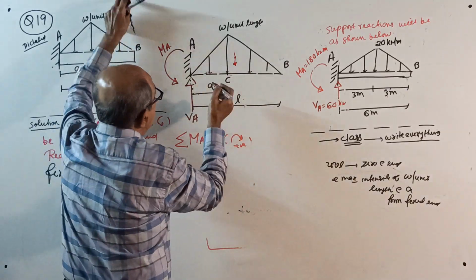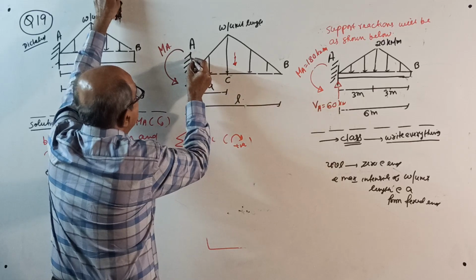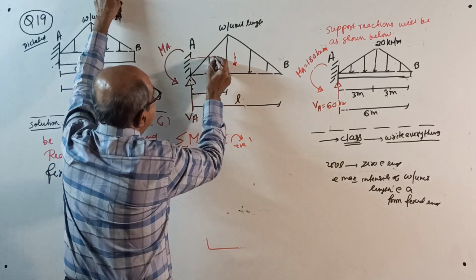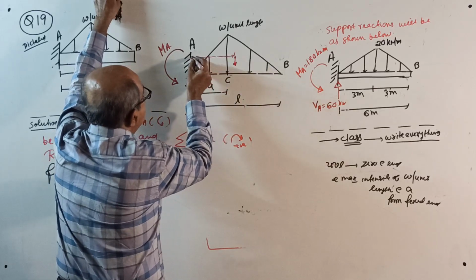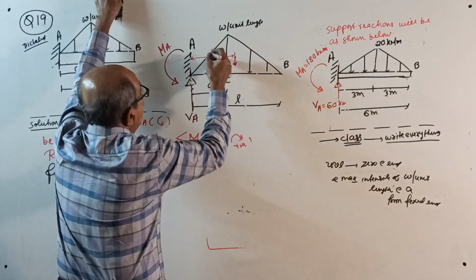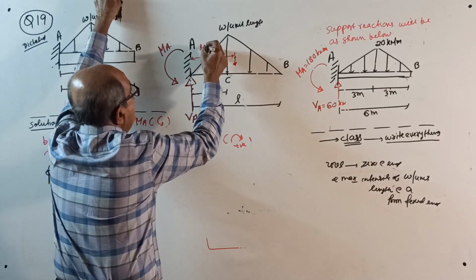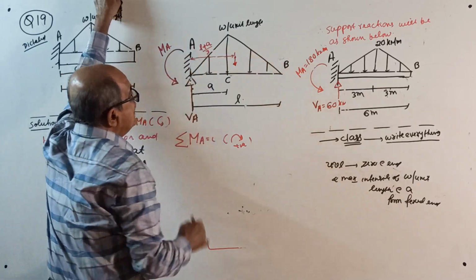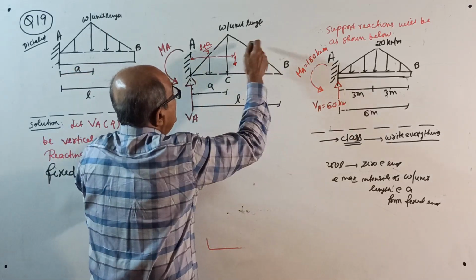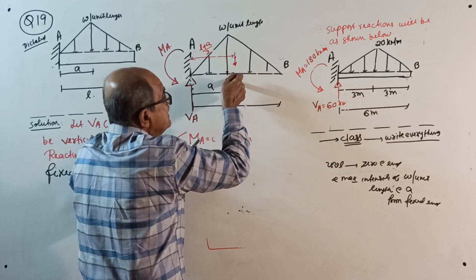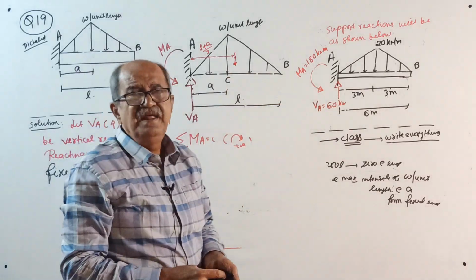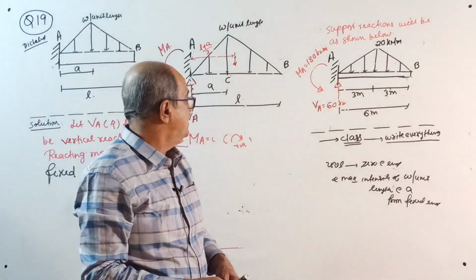Now make a slight note here. This is the total load. I told from here it is L plus A divided by 3. If you want from the other end, it will be L plus this distance divided by 3. I already explained it many times. Go through it.